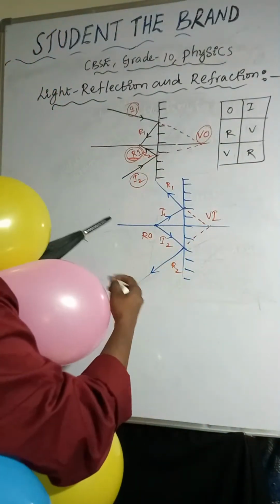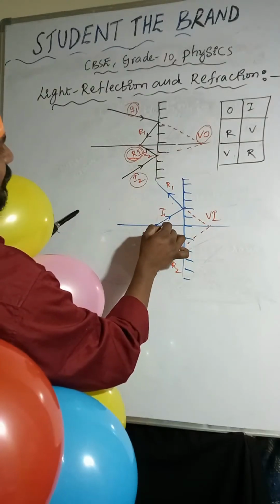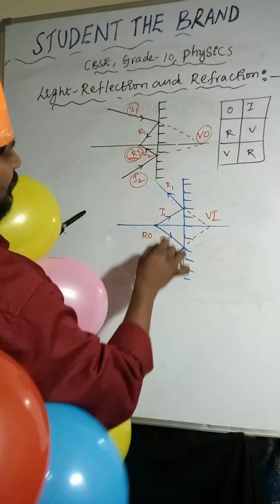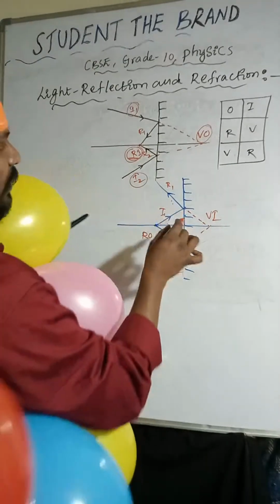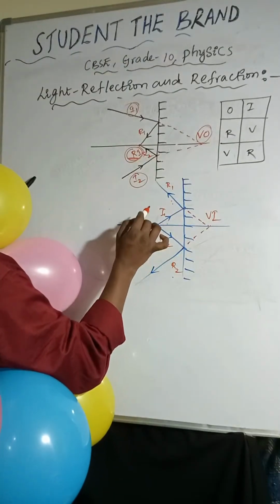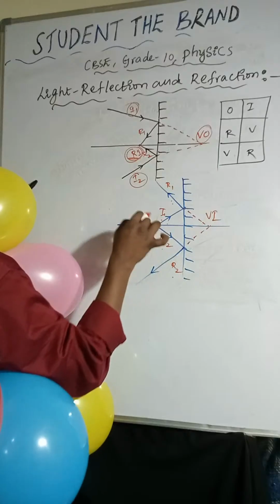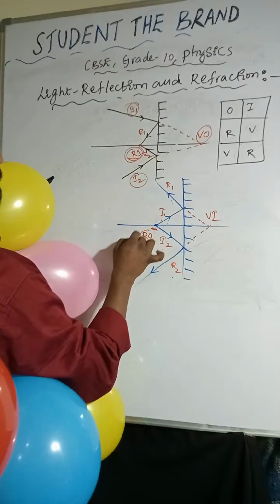Whereas here you can observe real incident ray 1, reflected ray 1, incident ray 2, reflected ray 2. From this point, incident rays are coming, that's why this is a real object.